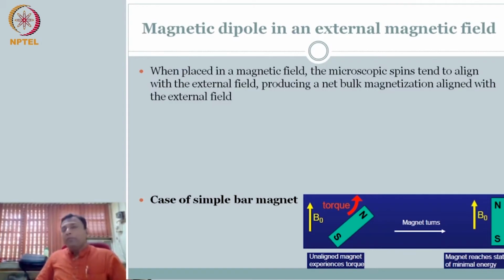So now, if I ask you this question as to what do you expect from your spinning charge, which has a magnetic moment, if you put it in an external magnetic field. Of course, here B naught in this diagram is Earth's magnetic field, but let's say the spin I'm putting in, I have another magnetic field and I place this spin.